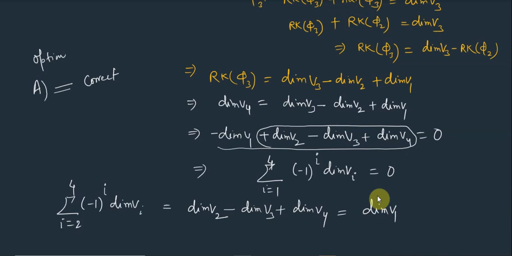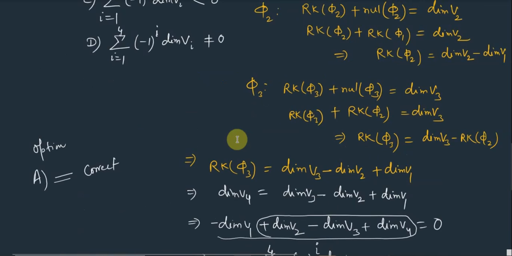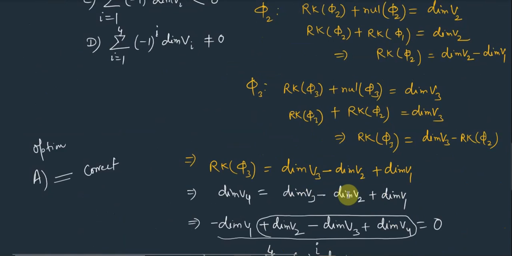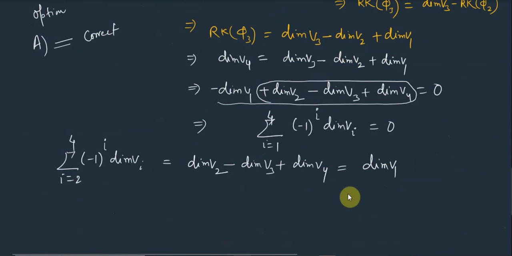Since all the vector spaces V1, V2, V3, V4 are non-zero, there is some non-zero element in V1. It means the dimension of V1 is positive, so option B is also correct.